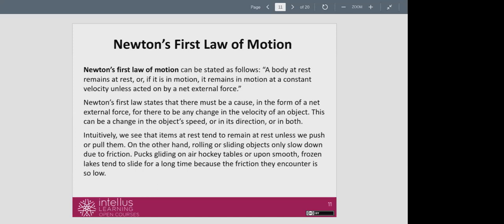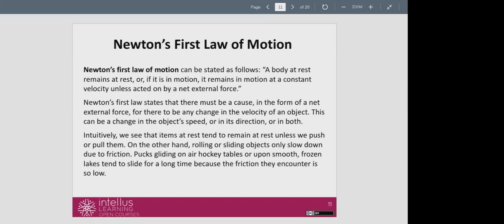So if the object is at rest, it is going to remain at rest unless you act on that object with a net external force. So if it's not moving, it is not going to move unless you disturb it by applying a net external force. It doesn't say a force, it says a net external force.